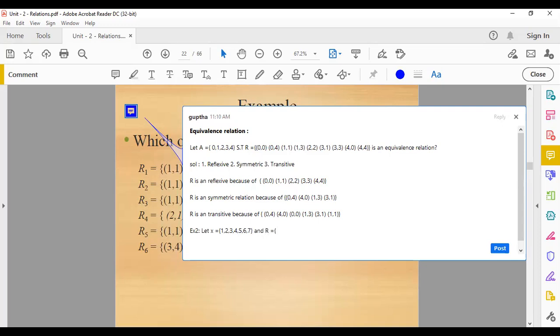And the relation R equal to (x, y) such that x minus y is divisible by 3. Show that R is an equivalence relation. So this is the question they asked me.